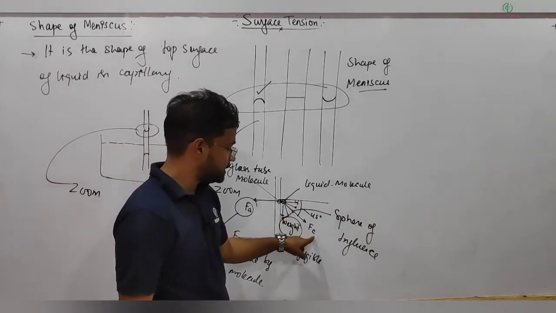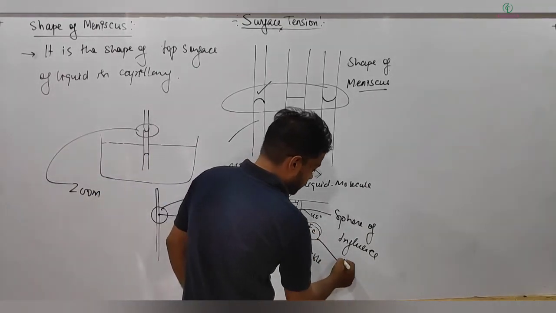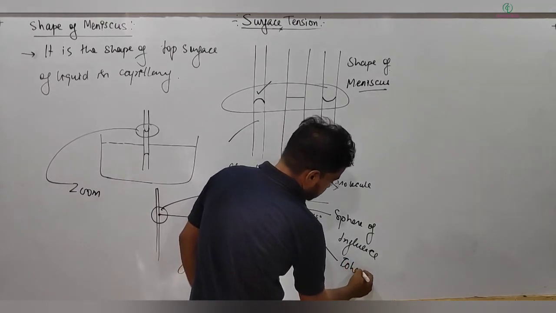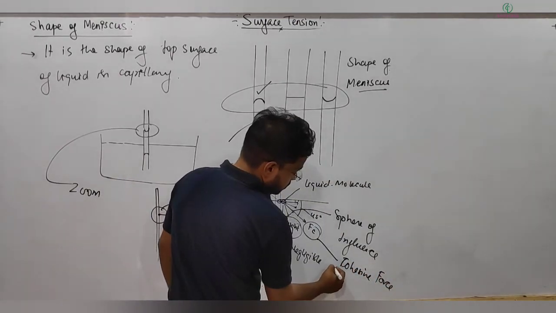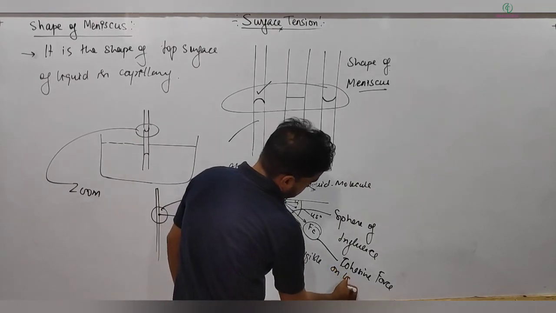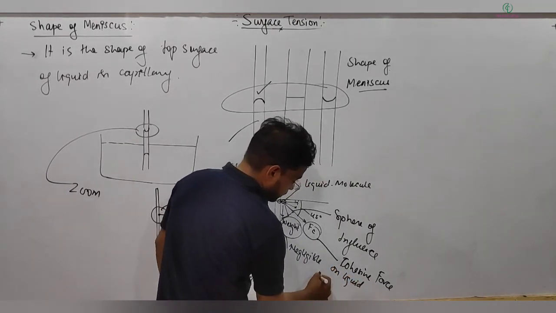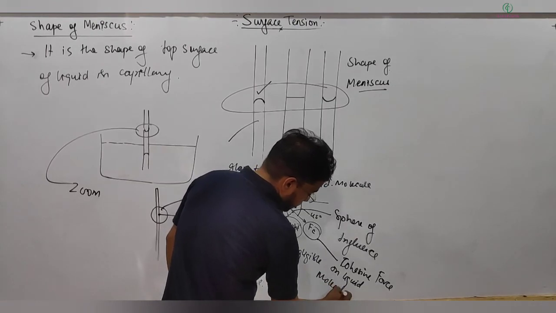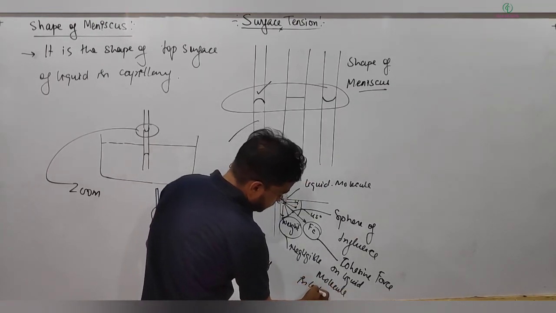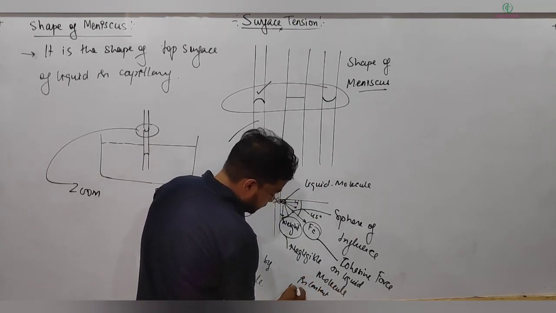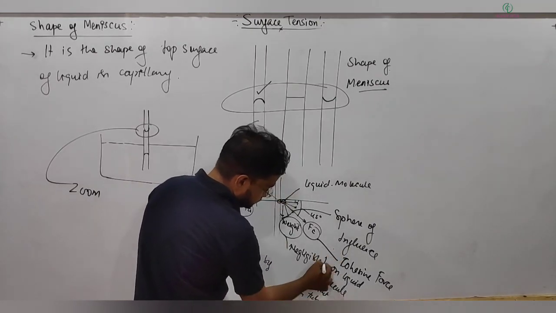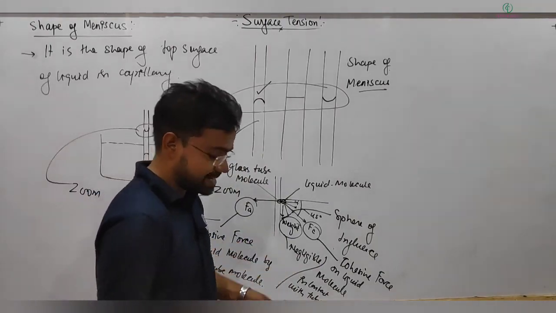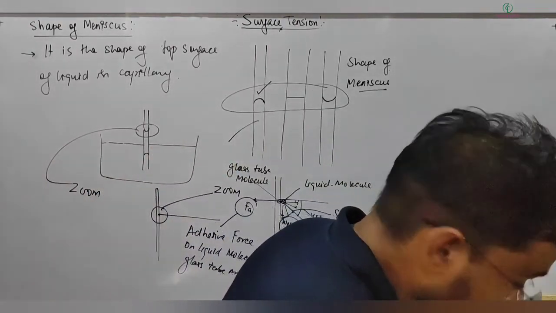And FC, this is cohesive force, the cohesive force on liquid molecule in contact with the tube, right? So that is the way we understood here.